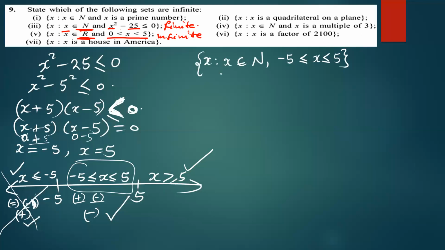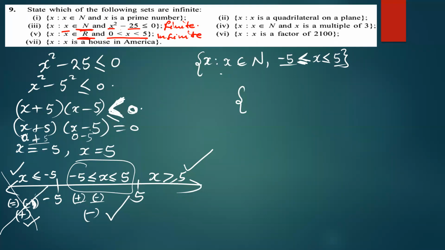This is the reason why I said this is a finite set. When you talk about natural numbers from -5 to 5, let me write it here. Sorry, -5 is not part of the natural numbers. We start from 1.